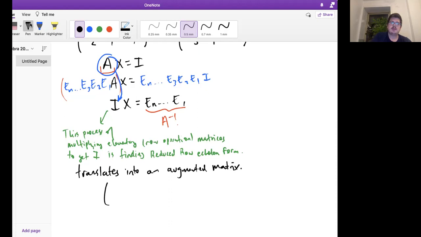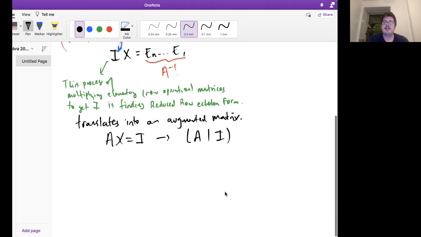So AX equals I translates into A augment I. And then solving the system equates to solving by using row operations.